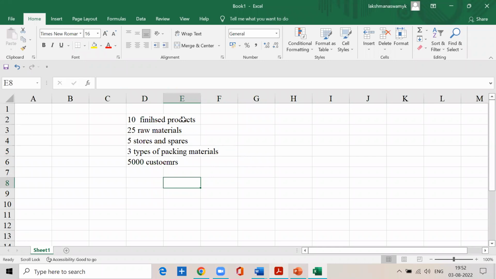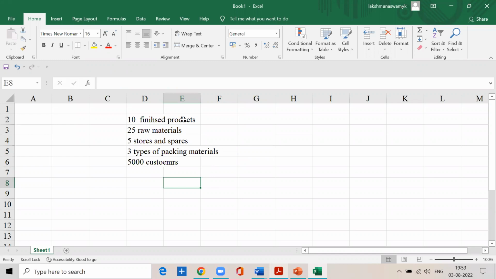Then we have to evaluate the closing stocks of these items. Then this year, the trade conditions are very bad. So out of these 5,000 customers, we are expecting that some of the customers may become bankrupt.